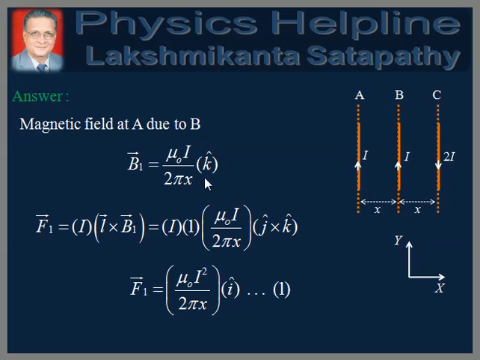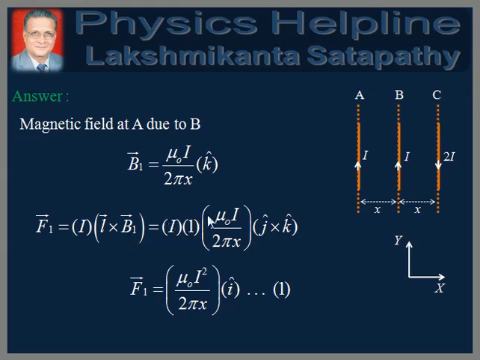Now, the force per unit length of A due to current in B, which is force per unit length of A due to magnetic field B1. Therefore, we will use the equation F1 is equal to I into L cross B1. Now this I is the current in A, therefore we put it is equal to I only, and because we want the force per unit length, we put L is equal to 1, and magnitude of B1 is mu 0 I by 2 pi x, and the cross product of unit vector along L and unit vector along B1.